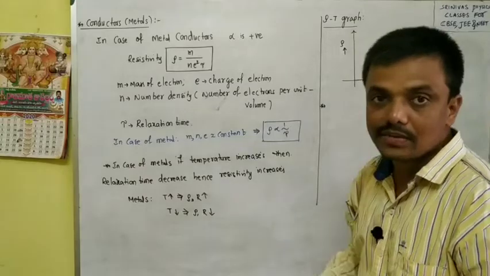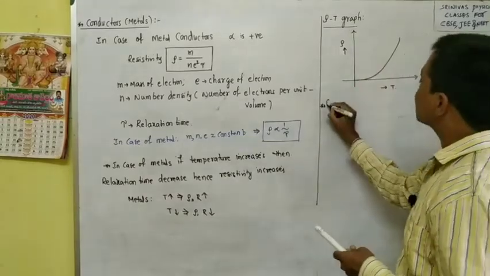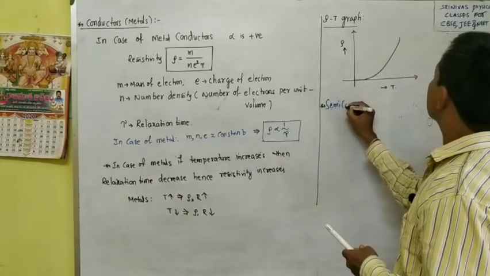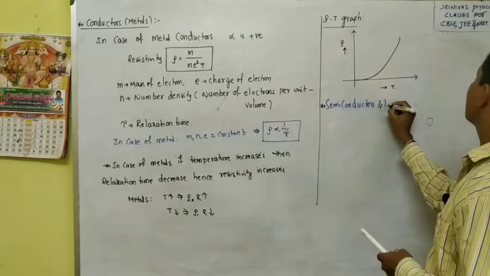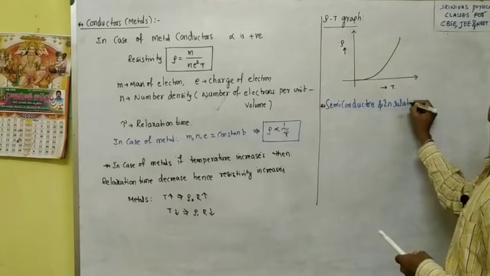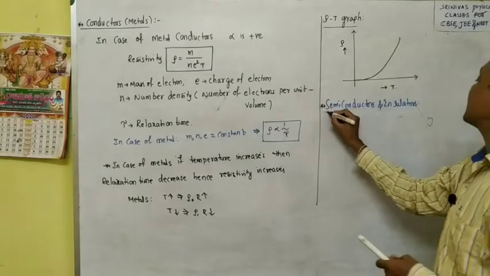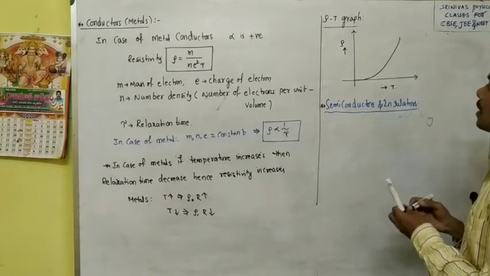Now let us go for another one: how the resistivity varies for semiconductors and insulators. In case of semiconductors and insulators, alpha is negative.